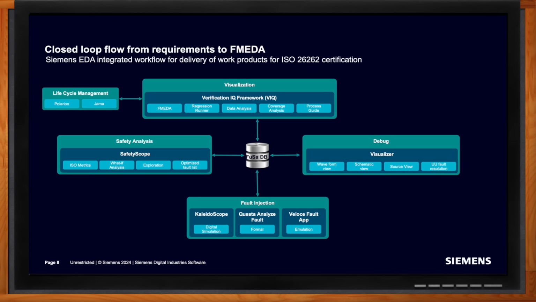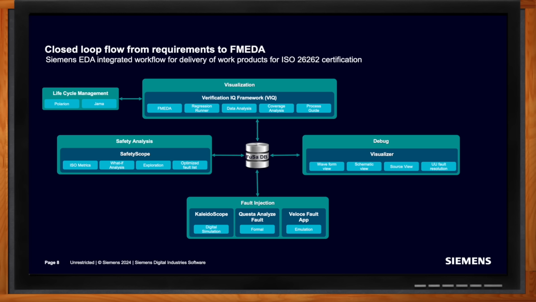So, when you create an FMEDA, when you run safety analysis, safety scope to get early metrics, it's all stored in the FUSA database so that when you finally go down to fault injection and you do fault injection with Kaleidoscope or the Veloce Fault App, which is what we're talking about today, so simulation and emulation, then those metrics are again stored into this database so that you can pull it into your FMEDA and populate it with the validated metrics.